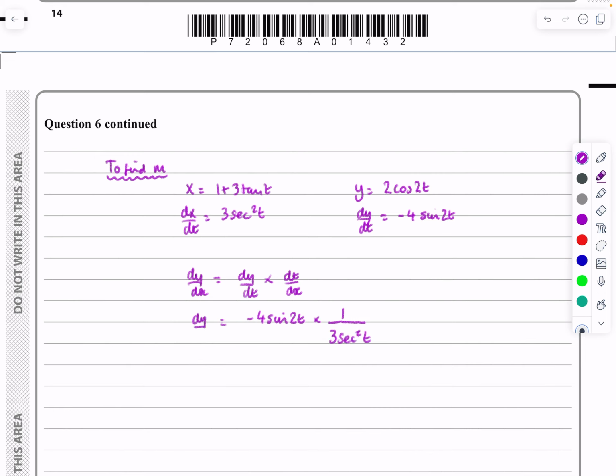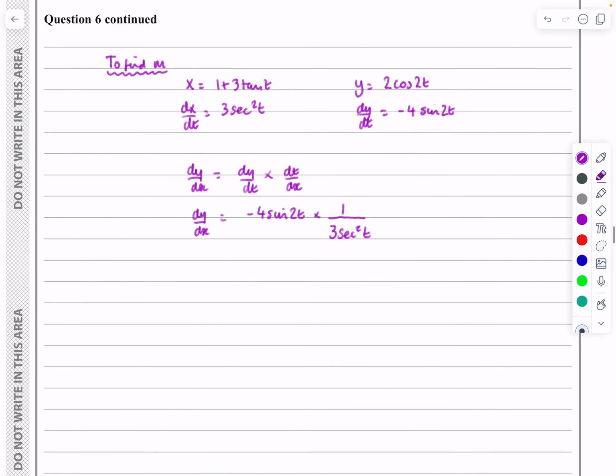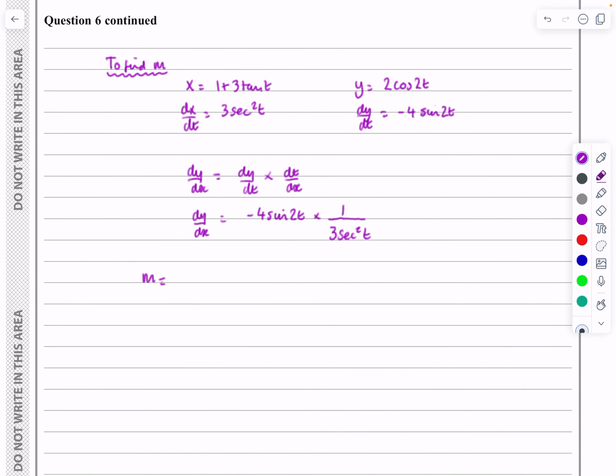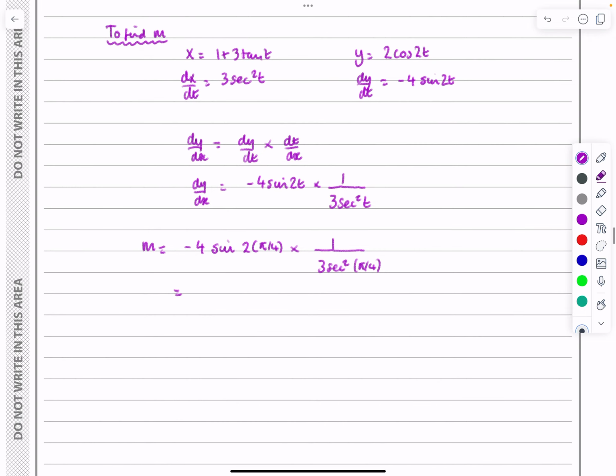So that's dy by dx. m then is just going to be that at t equals pi over 4. So just to explain what we're doing, minus 4 sine 2 pi over 4 there times 1 over 3 sec squared pi over 4, and then just put all that into the calculator to see what it comes out to be. I think from memory that's minus 2/3.